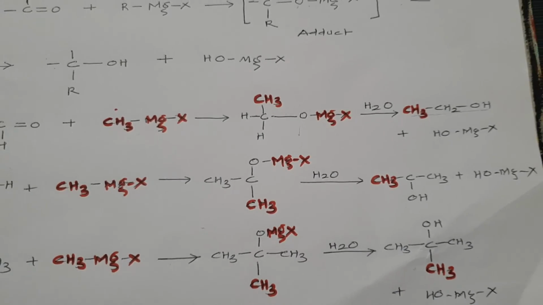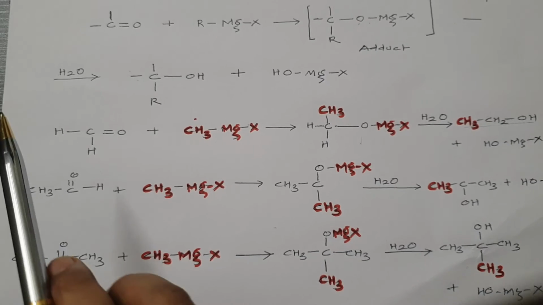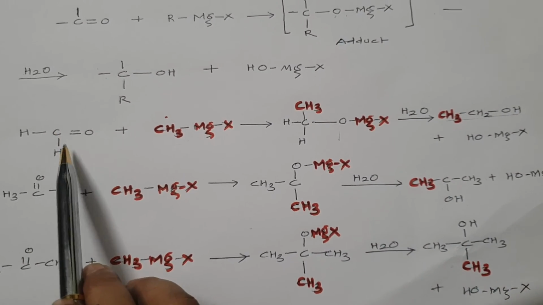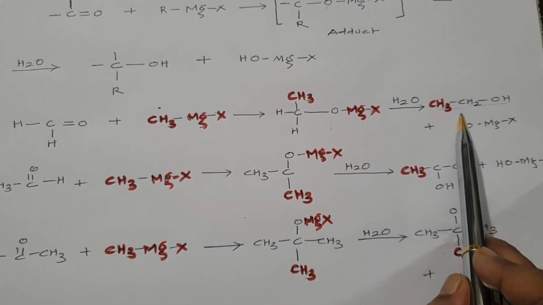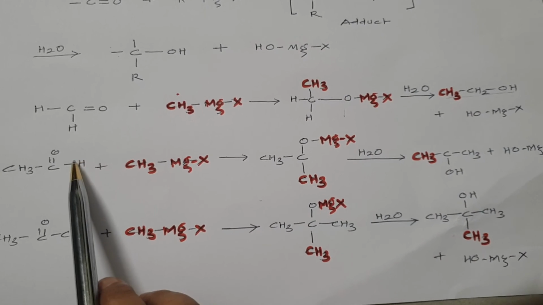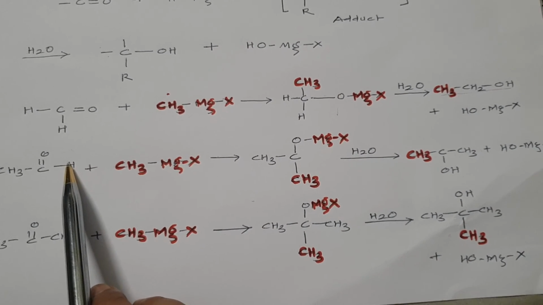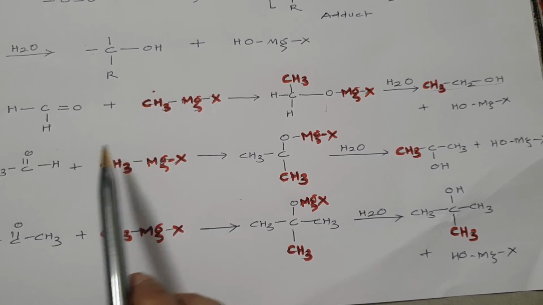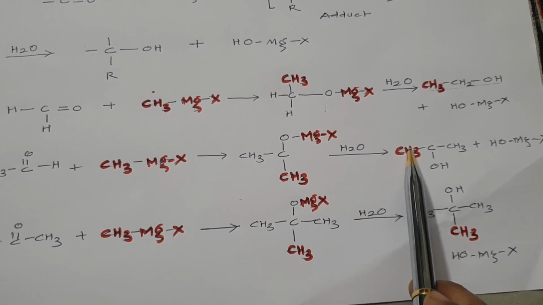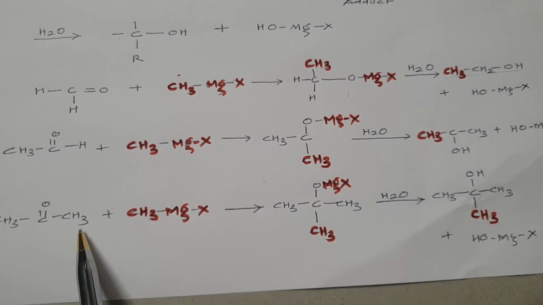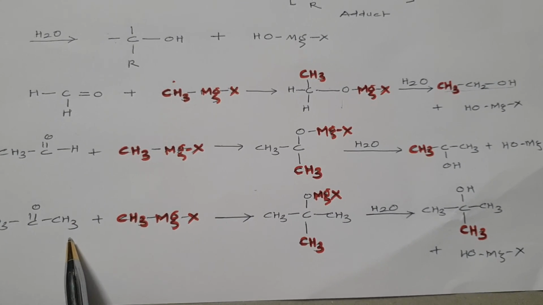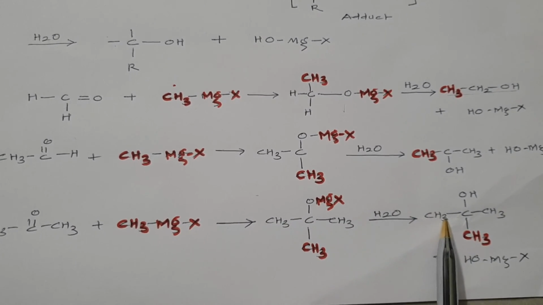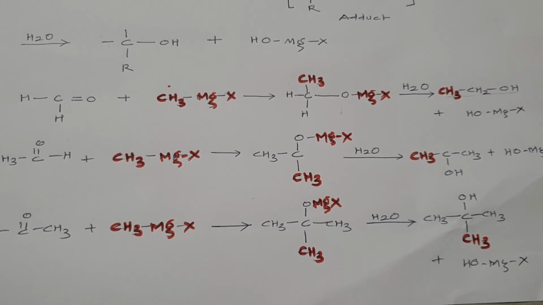So we generalize here that methanal gives us primary alcohol. Any other aldehyde other than methanal, by making use of this method, gives you a secondary alcohol, whereas a ketone shall always give us a tertiary alcohol as our product.